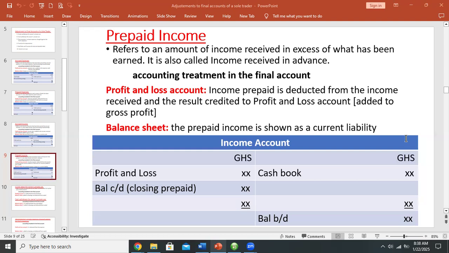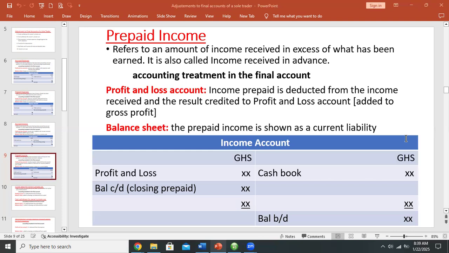So both cases can occur. Let me give you an example. If we are to take the students to the school for, let's say, 2 years, so 2024 and 2025. Now, the school has paid for both 2024 and 2025. So what have they done? They have paid in excess, and for that matter, our business has received in excess of what we have actually earned, because 2025 has not even ended.